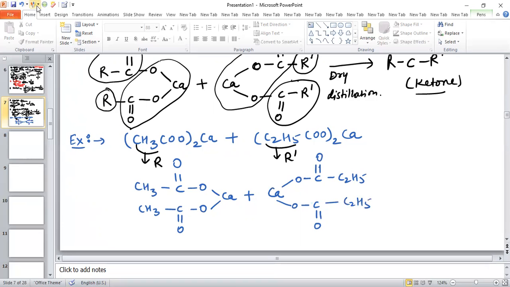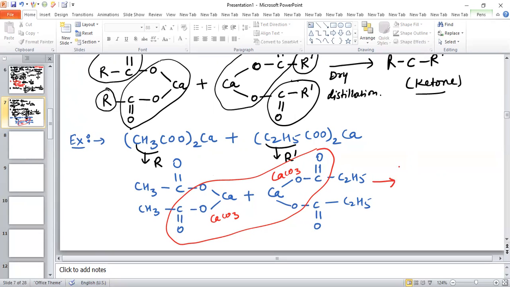So calcium carbonate is removed. Basically, one calcium carbonate is removed from this side and one calcium carbonate is removed from this side. So you can easily say this CaCO3 will be removed in this way. So 2 moles of calcium carbonate are removed.